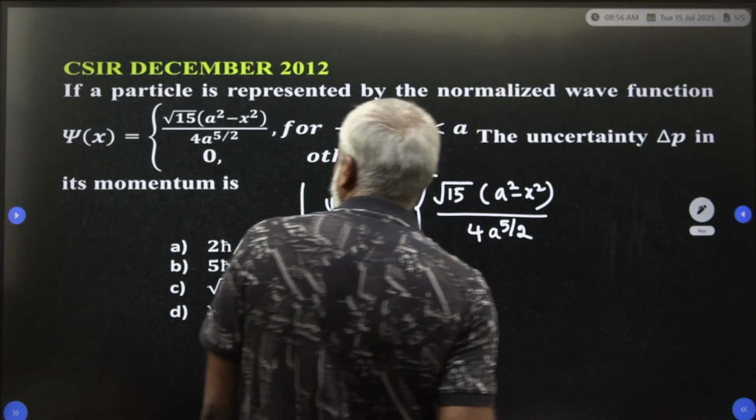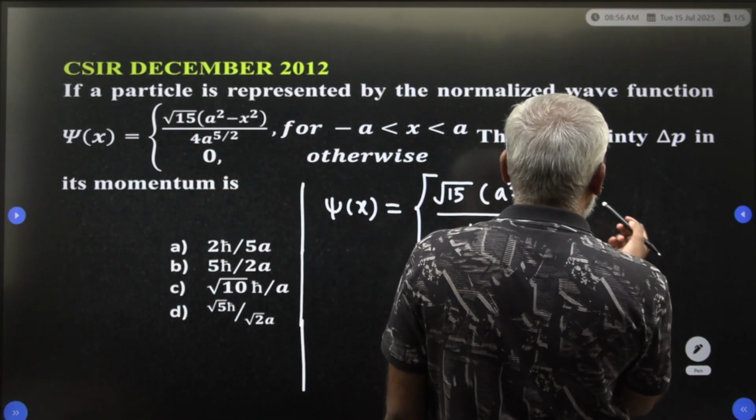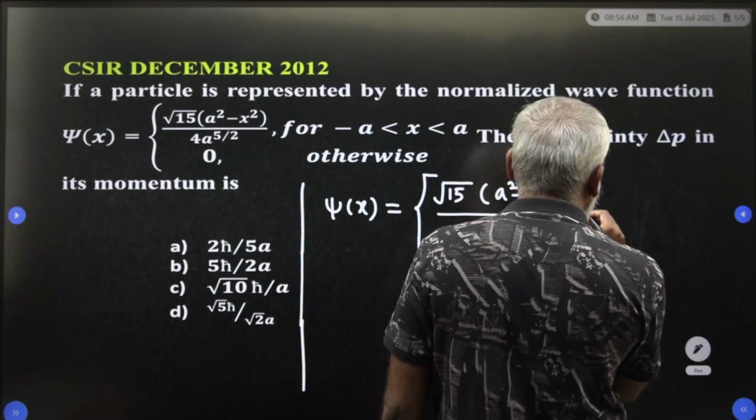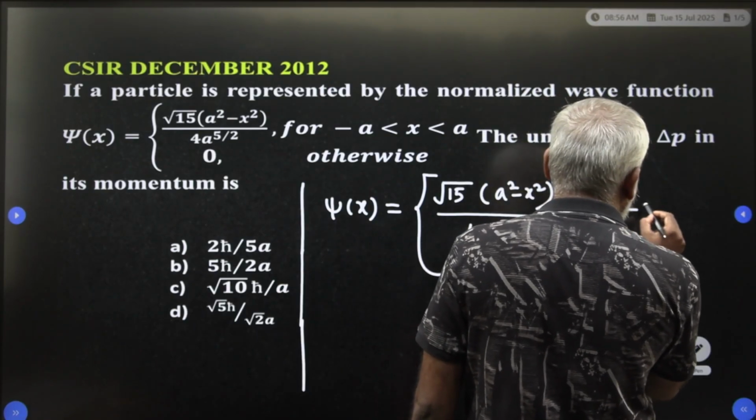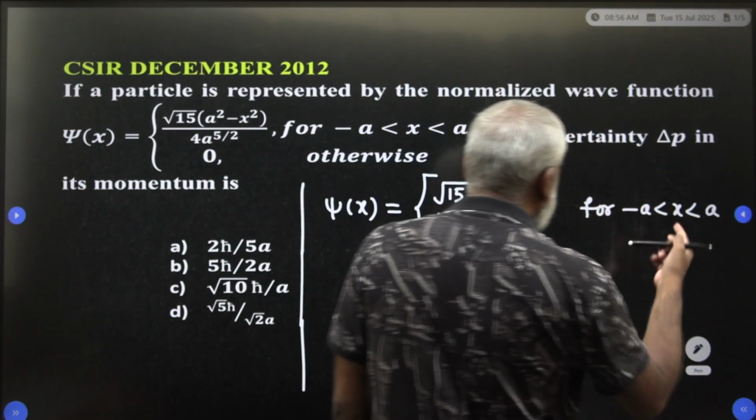This is for the box length, where you have to take minus a is less than x is less than plus a. These are the limits.